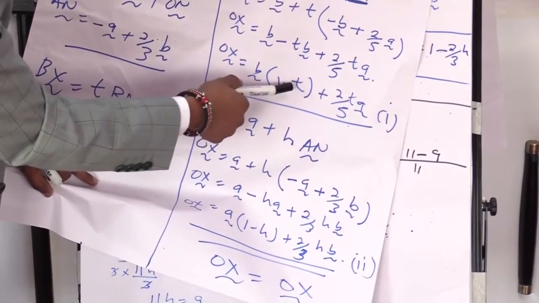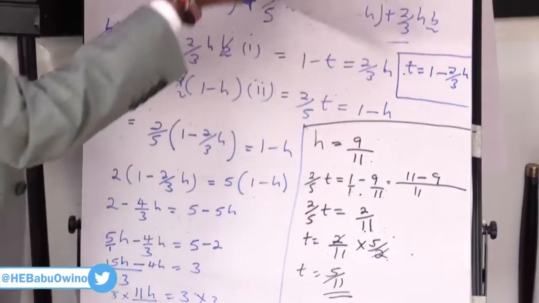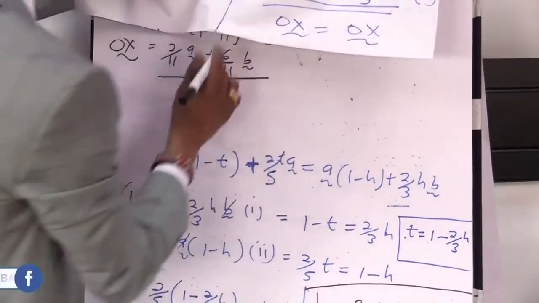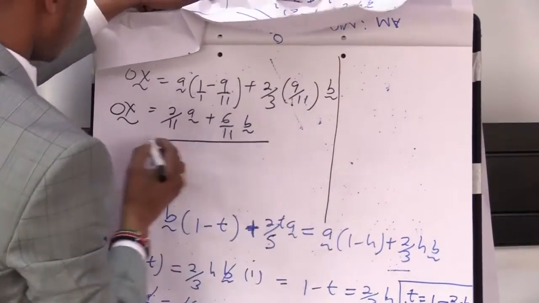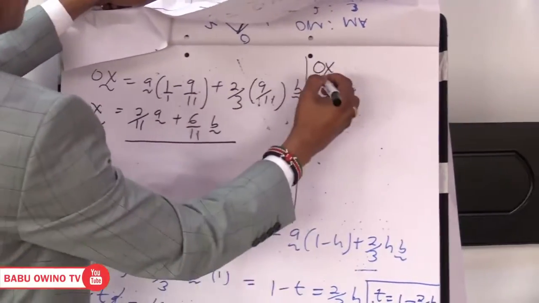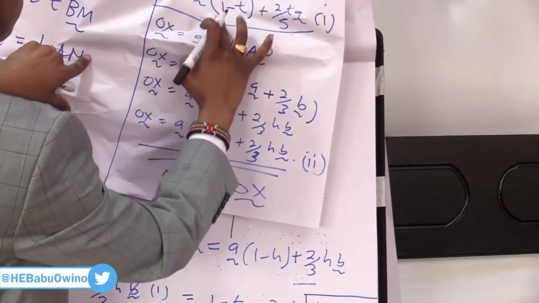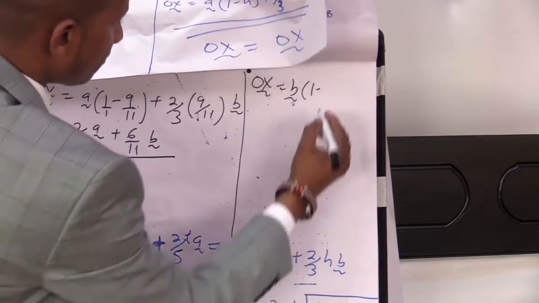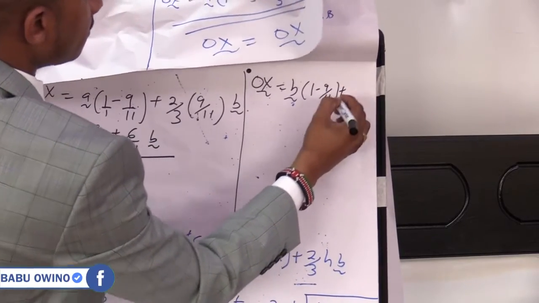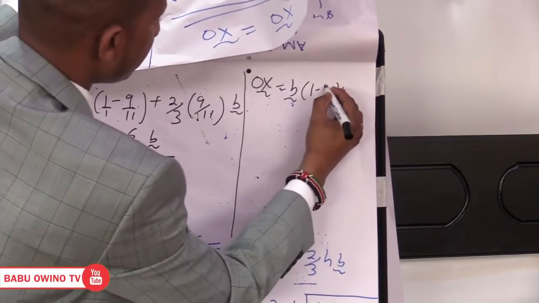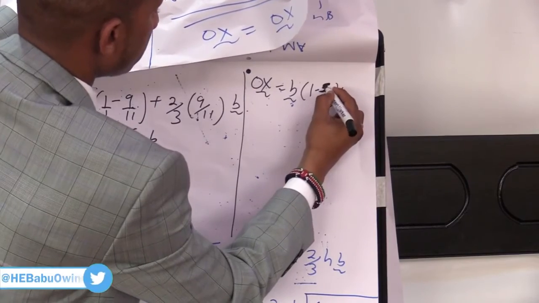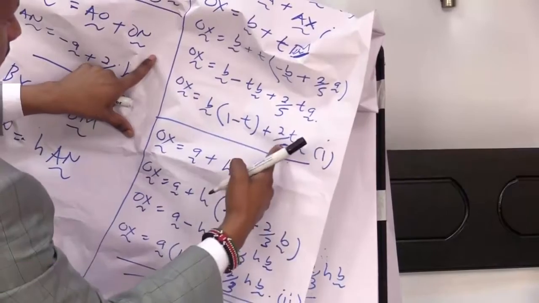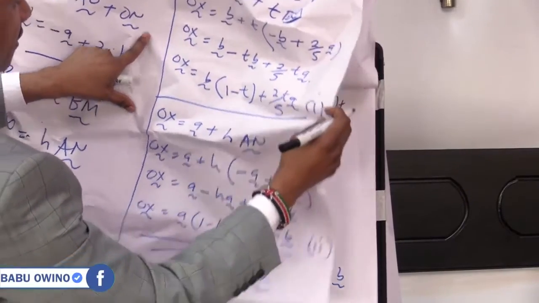So when we replace the value of T, what will we get? In this form, our second value for OX equals to B into 1 minus T, T is 5 over 11, plus 2 over 5 of TA.